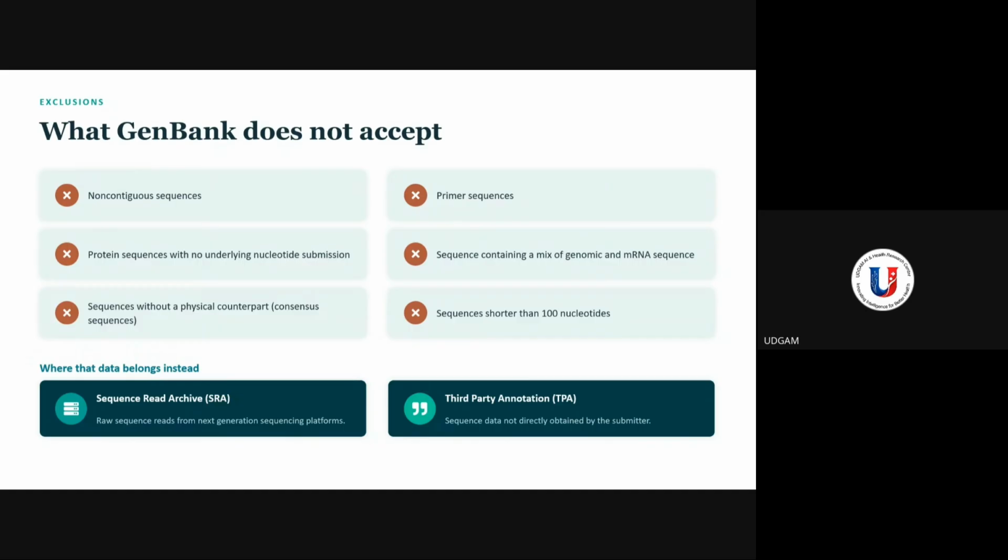If you mix genomic DNA data with mRNA data, it will not be accepted, and sequences shorter than 100 nucleotides are not accepted by GenBank. Mainly, raw sequence reads from next-generation sequencing platforms are deposited in the Sequence Read Archive, that is SRA.